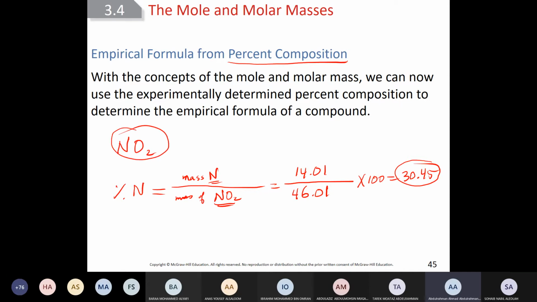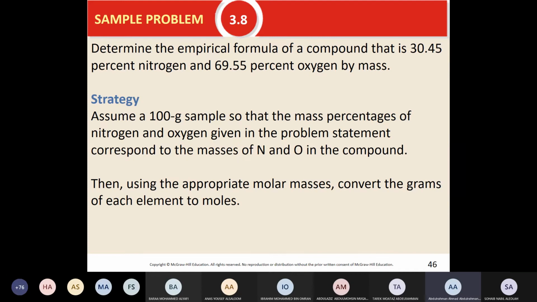Now, determine the empirical formula for a compound that is 30.45% nitrogen. If I don't give you the oxygen number, can you find it? Yes, 100 minus 30.45. Subtract and you find it.